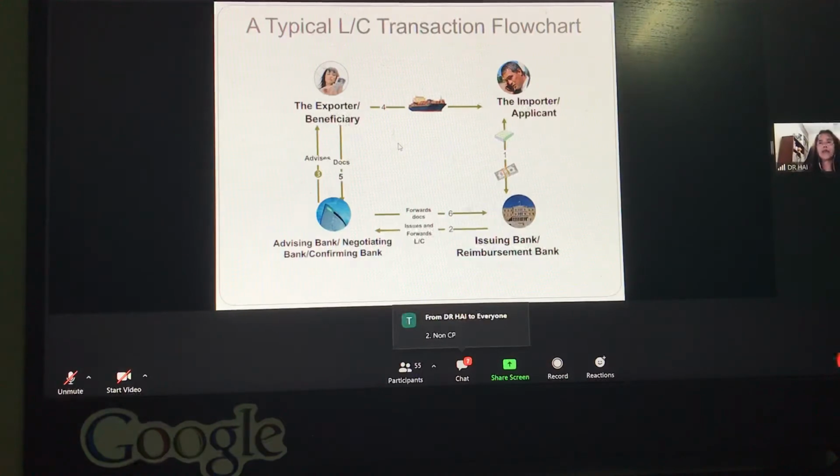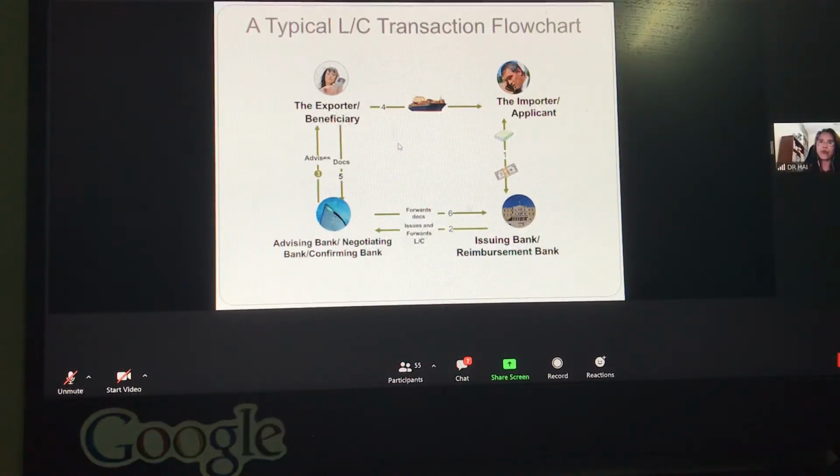Okay, so now go on with the two different cases. What do you do if the document is a CP? What do you do if the document is non-CP? Number 39, please. If the document is a CP, can the transaction stop at step number 6? Listen to me, please. If the documents are CP, can the transaction stop at step number 6?